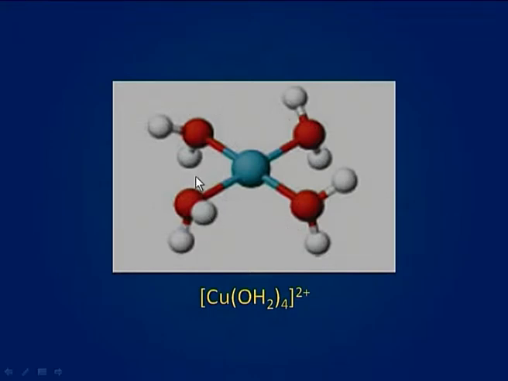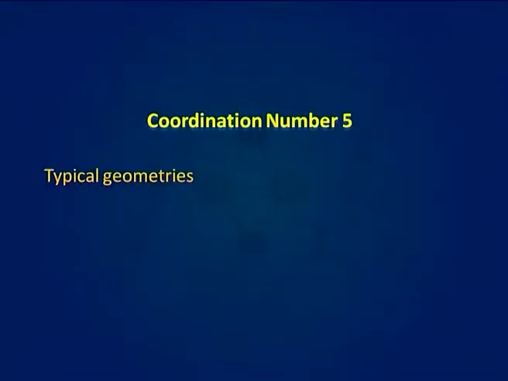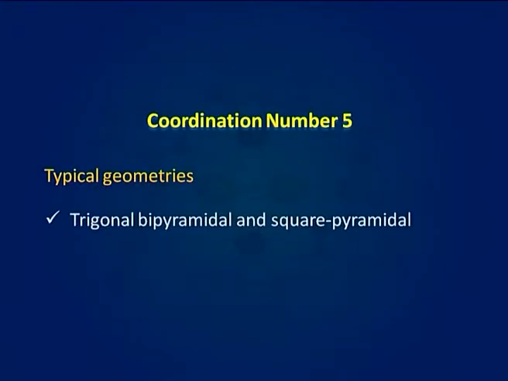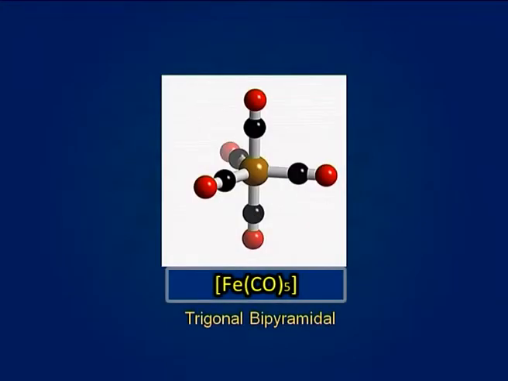Now coordination number 5 is less common than complexes with coordination number 4 or 6. Typical geometries for coordination number 5 are trigonal bipyramidal and square pyramidal. Here is an example with trigonal bipyramidal geometry.